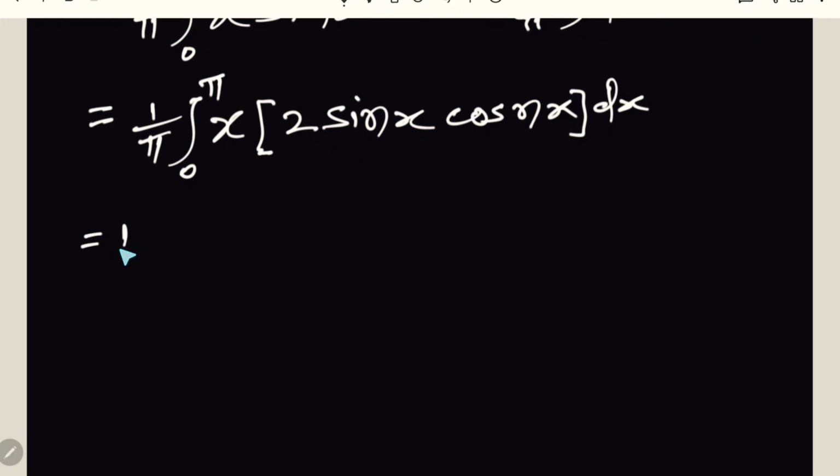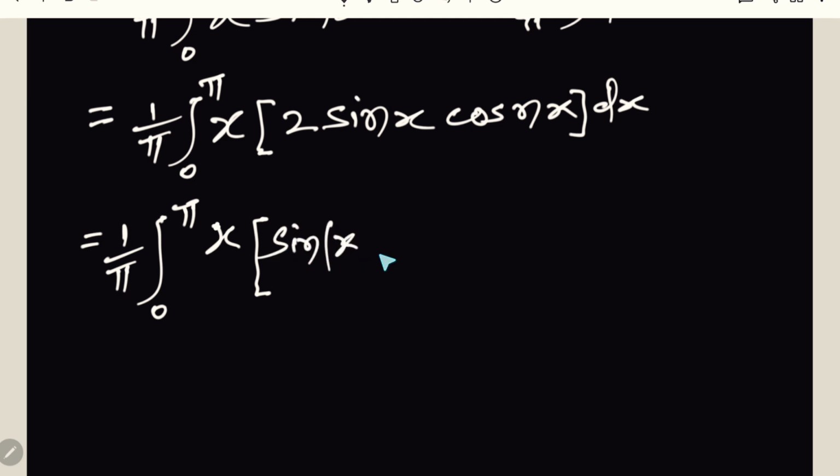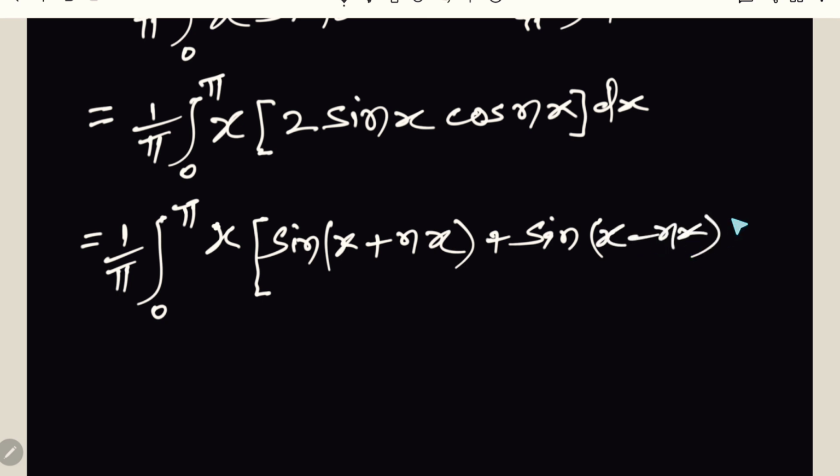Using that formula, we have 1 by pi as it is, integration from 0 to pi, x multiplied by sin of x plus nx, plus sin of x minus nx, and then its integration with respect to x. In the next step, we multiply by x inside the bracket and write down two separate integrals.